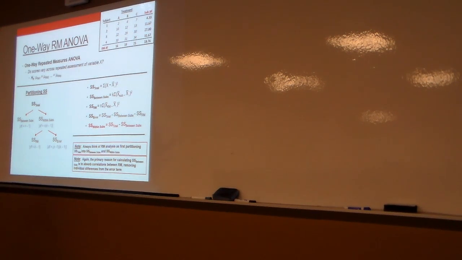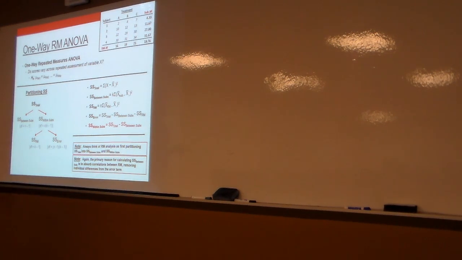So when we're thinking about how we're partitioning variability in our repeated measures designs, think about taking our total piece of the pie, all the variability in this entire set of scores, and separating this first into a between subjects part, our individual difference factor, and then a within subjects part, which is what we're interested in. Again, this is just absorbing the correlation between repeated measures.